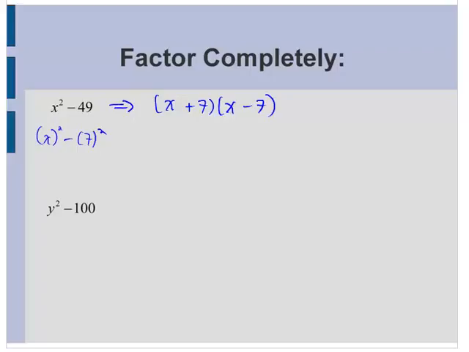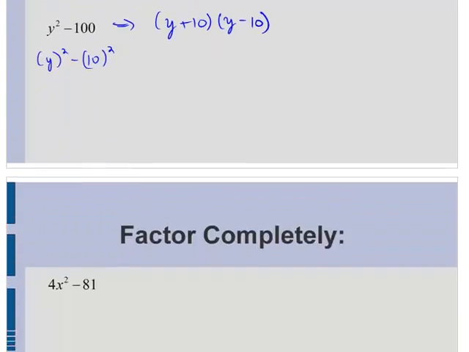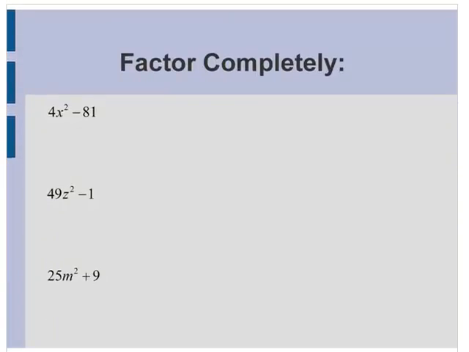y squared minus 100. Well, that's y squared minus 10 squared. So this can be written in factored form as y plus 10 times y minus 10. All right, 4x squared minus 81.